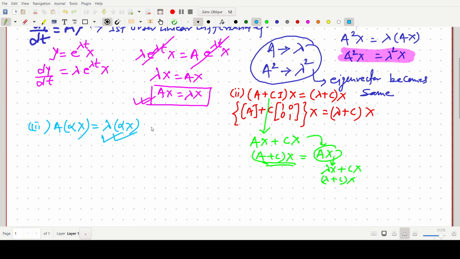In the next video I will try to make a problem for the eigenvalue and eigenvector, and I will find the eigenvalue and eigenvector with the concept, showing how to derive them. Okay, so thank you.